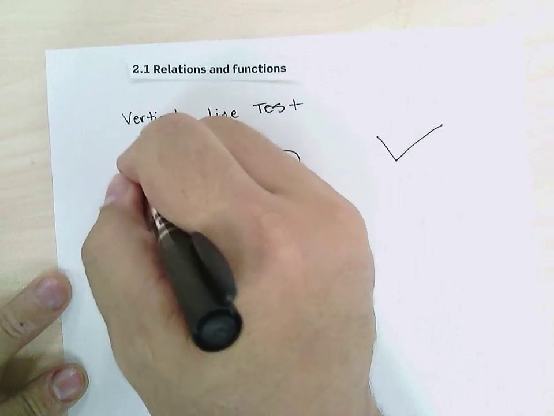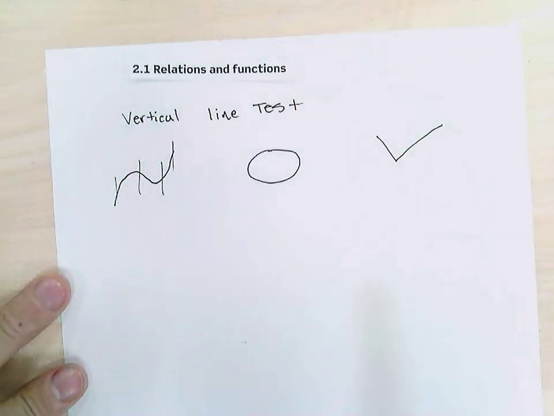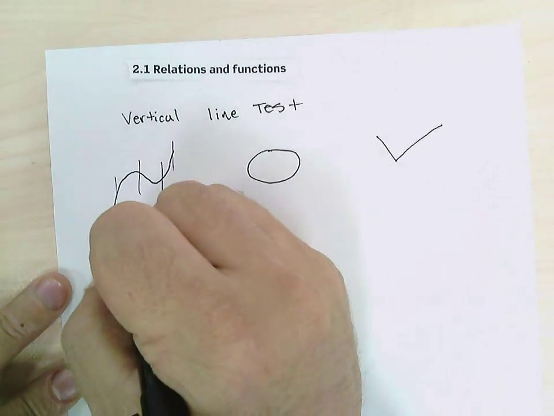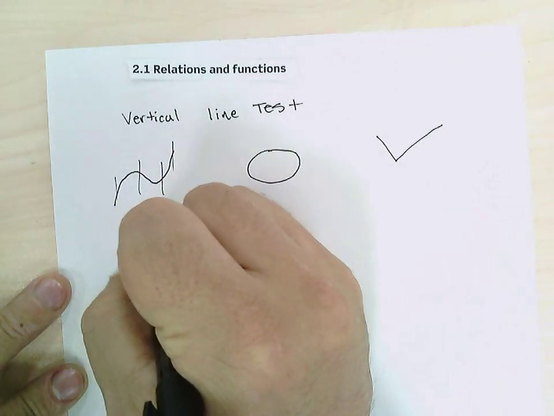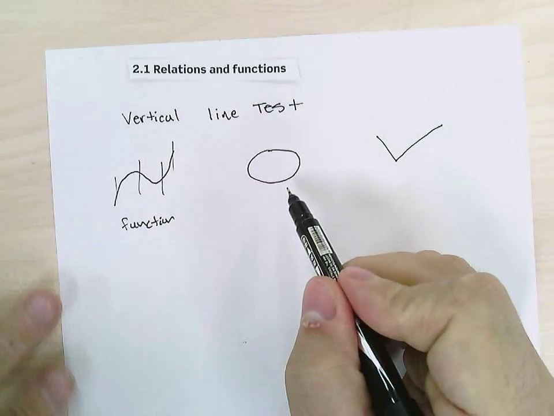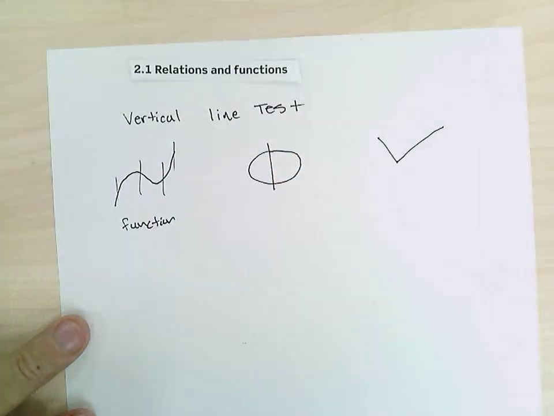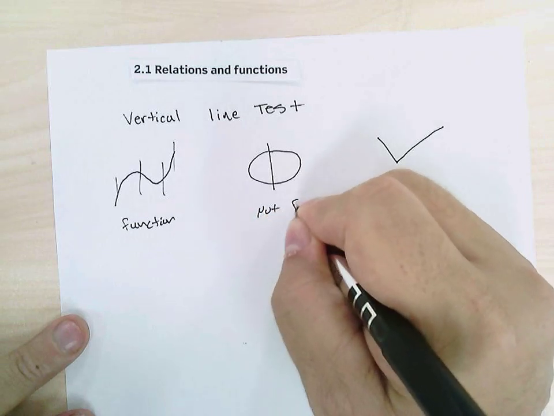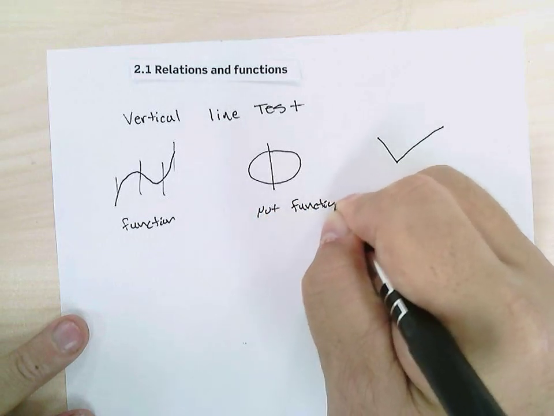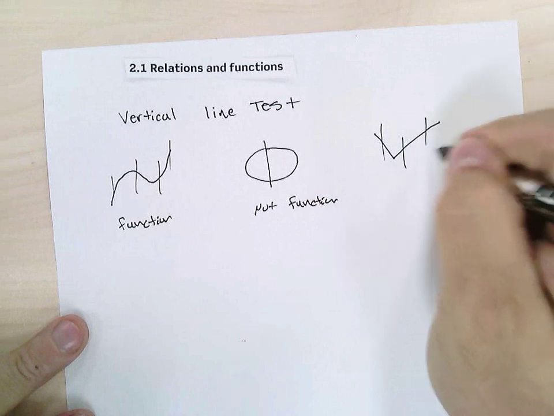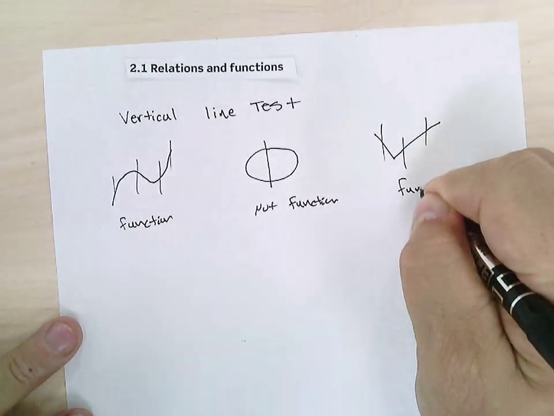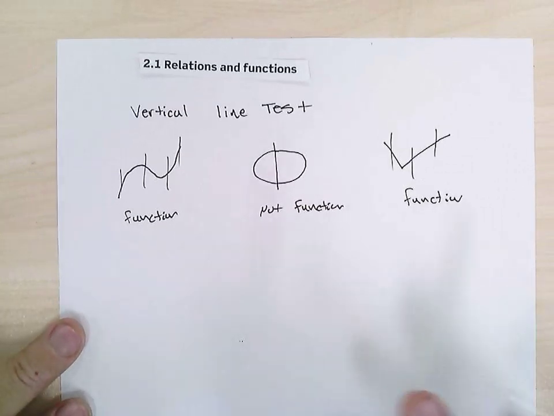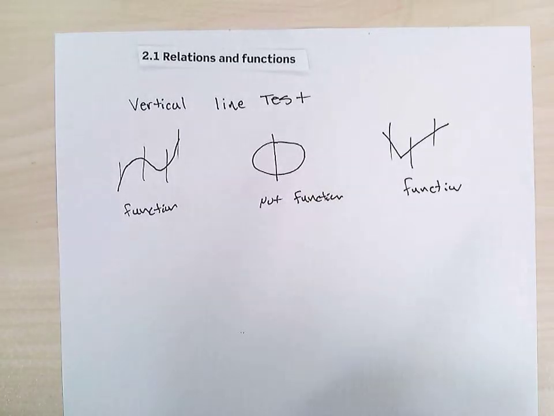There is nowhere in that graph that it crosses twice, so this is a function. And then this one right here, obviously you could tell that no, not a function. And then the last one, yes, that one always crosses once, so this is a function. The first and the last satisfy the vertical line test.